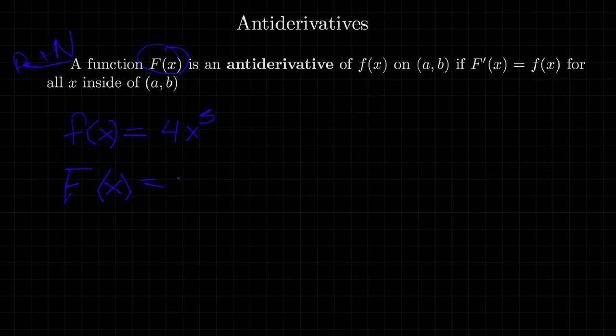So the function that would satisfy that would be x to the fourth, because when you do the power rule on this function, you get 4x to the third. Okay, let me fix this 3. So that's a pretty simple concept.